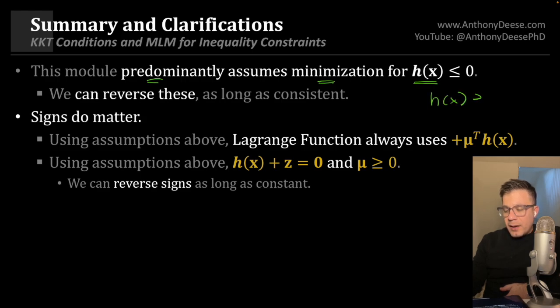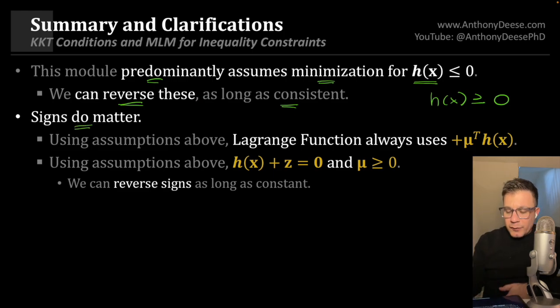We could very well define these constraints as h of x is greater than or equal to 0, but again, I don't want to go through all these different permutations and make this topic even more difficult to understand. So we can reverse any of these, minimization and maximization, less than or equal to 0, greater than or equal to 0. As long as we're consistent, then we change the other parts that need to be changed.